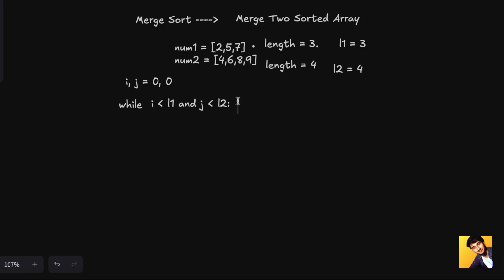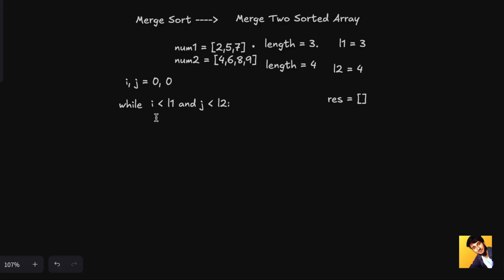Now we can check if nums1 of i, the 0th element, and nums2 of j, the 0th element, which one is bigger. Let's say we have taken a result variable, which is an empty array.